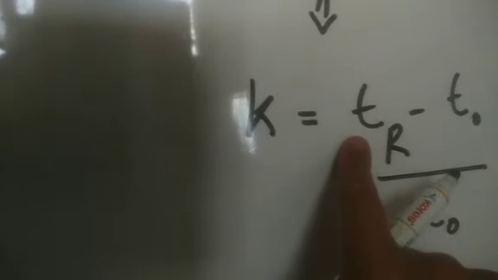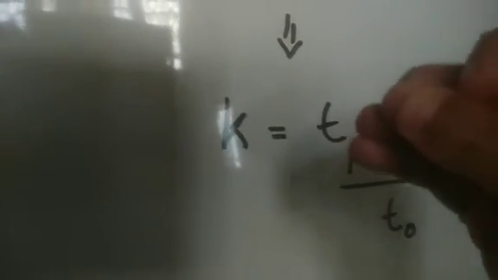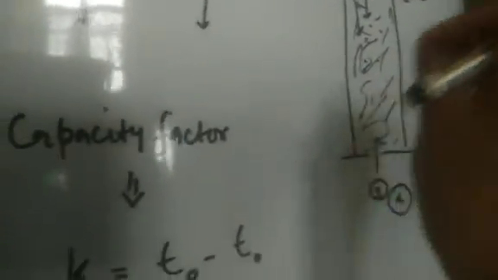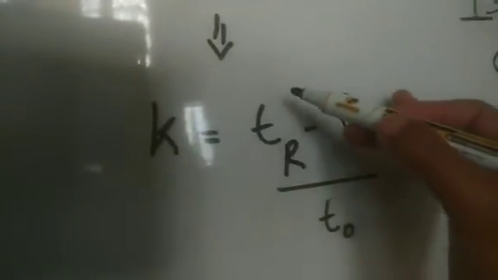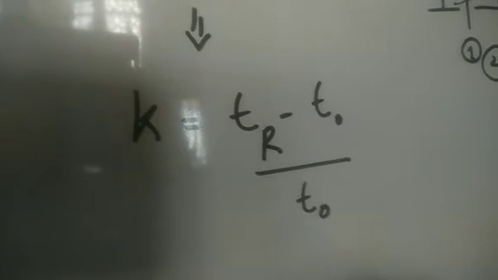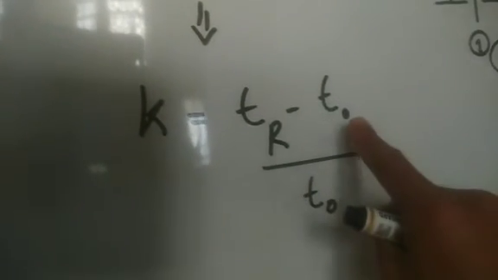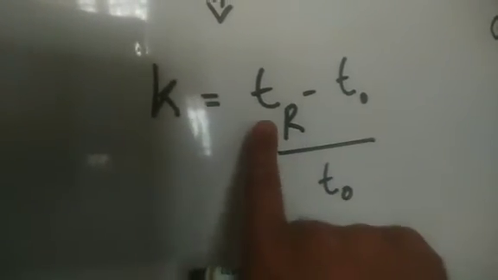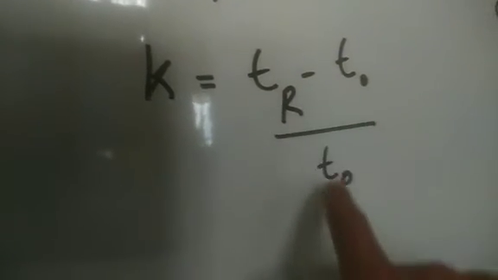So the retention time, obviously your retention time is more because now the analyte has interaction both with the stationary phase and mobile phase. It will take a lot of time for this analyte to come out. Minus the T0, it will be very less. जितना time solvent लेगा column में pass होने में, that will be the dead time. Retention time minus dead time divided by the dead time. So this is called as the capacity factor in the column chromatography.